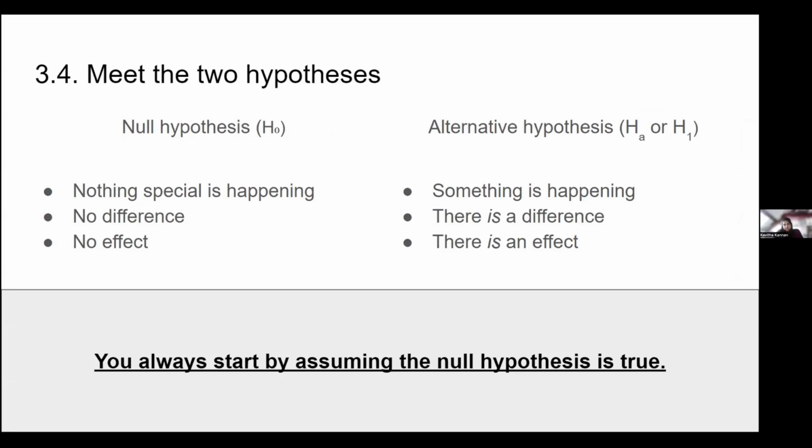It's identical to the claim. So I claim that all the participants of this winter school speak fluent German. The null hypothesis is that all the participants of this winter school speak fluent German. This is the null hypothesis. It's exactly identical to the claim.